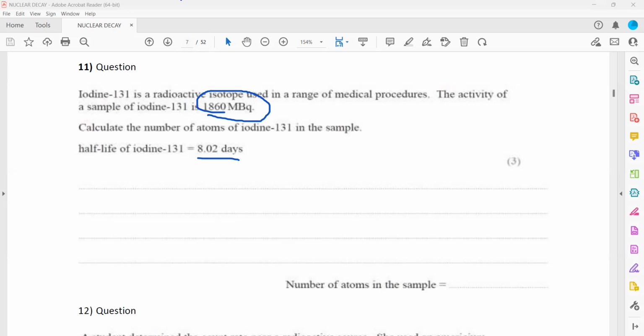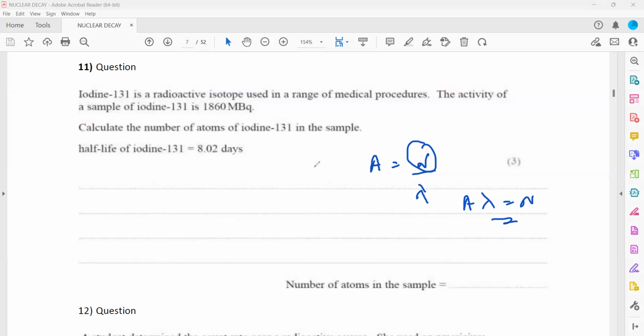And then using the activity, because activity is equal to N lambda, how many atoms have changed. If we want to find the number of nuclei present, it will be activity divided by lambda, that is equal to N. As activity is N lambda, we can work out N by this.